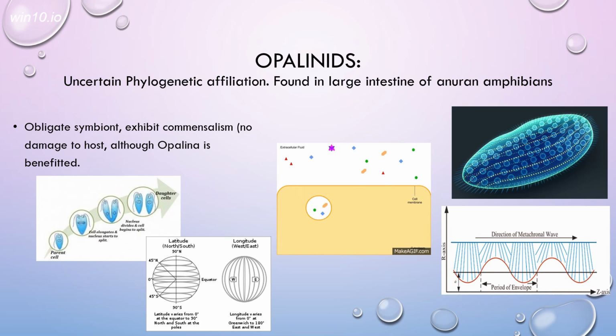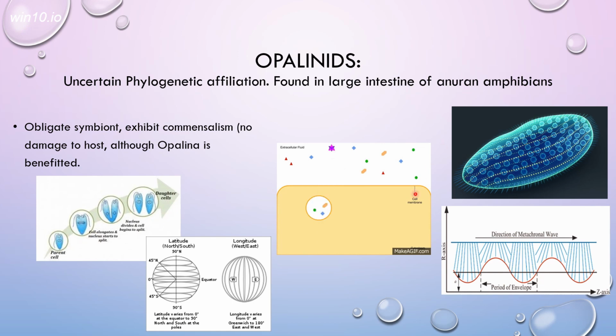They often exist as symbionts in the large intestine, because we know that the digestion process is carried out by the intestine, and these groups especially form a commensal relationship, and in turn they are benefited by the host by getting the required nutrients, without causing any damage.